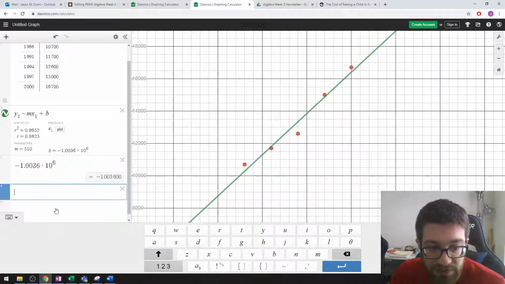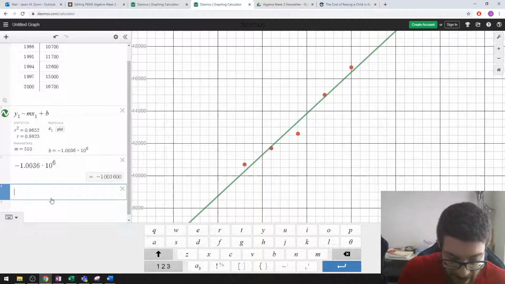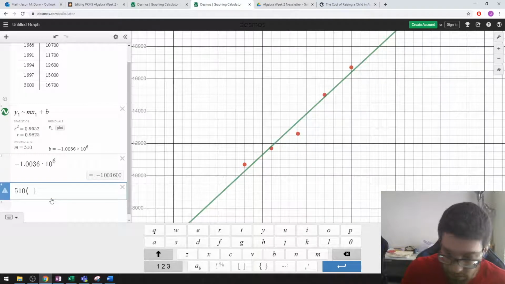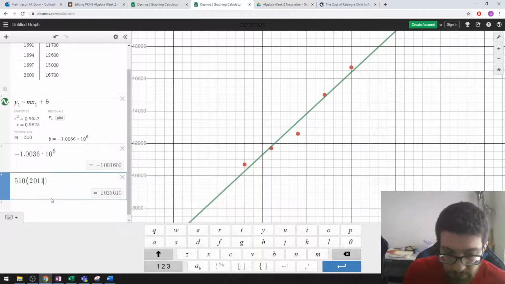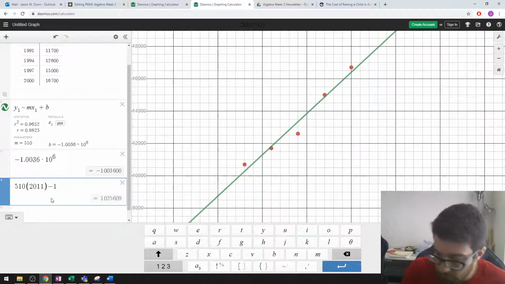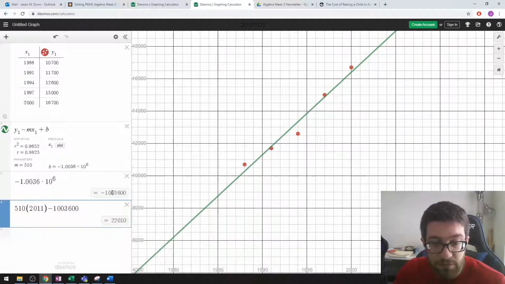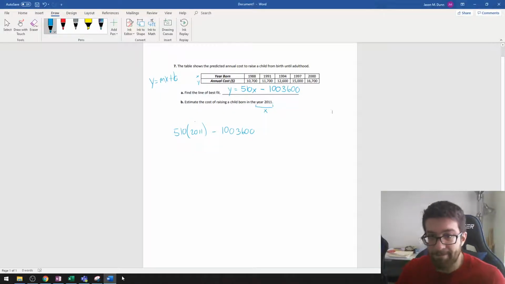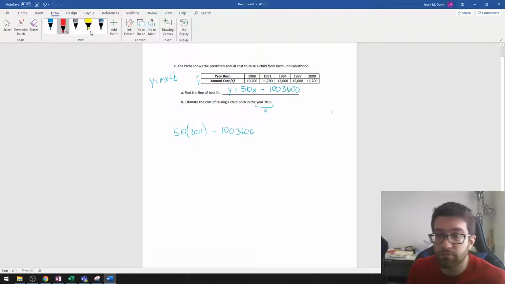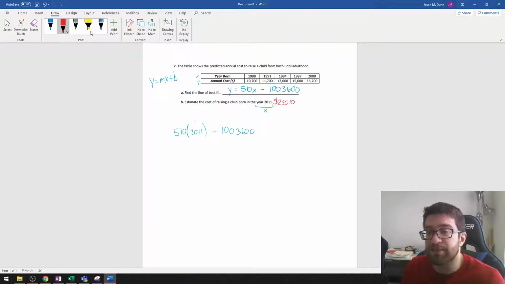So we'll go back over to Desmos. 510 parentheses, and the year was 2011, and subtract 1,003,600. And that's estimating for us 22,010. And that's the 2011 estimate.